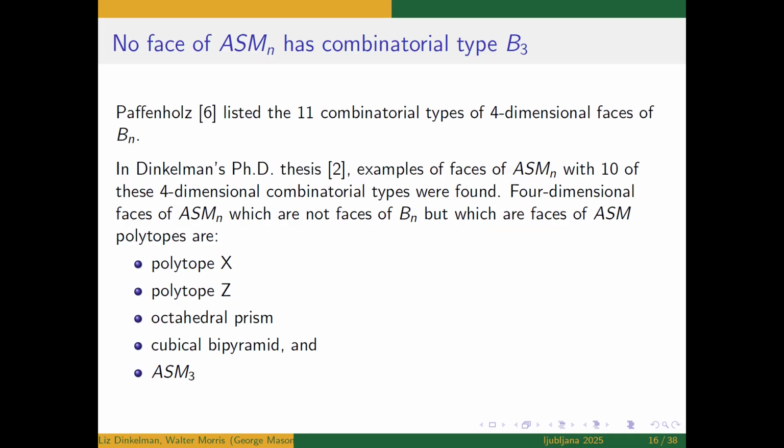But there are faces of ASM sub n which are not faces of the Birkhoff polytope. 2 of them I've named Polytope X and Polytope Z. Then we have the octahedral prism, the cubical bipyramid, and then ASM sub 3.